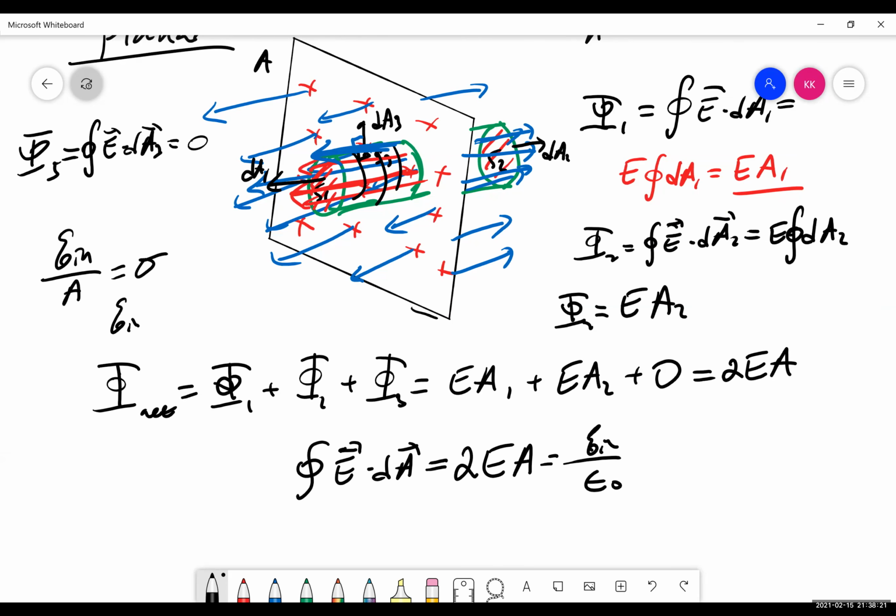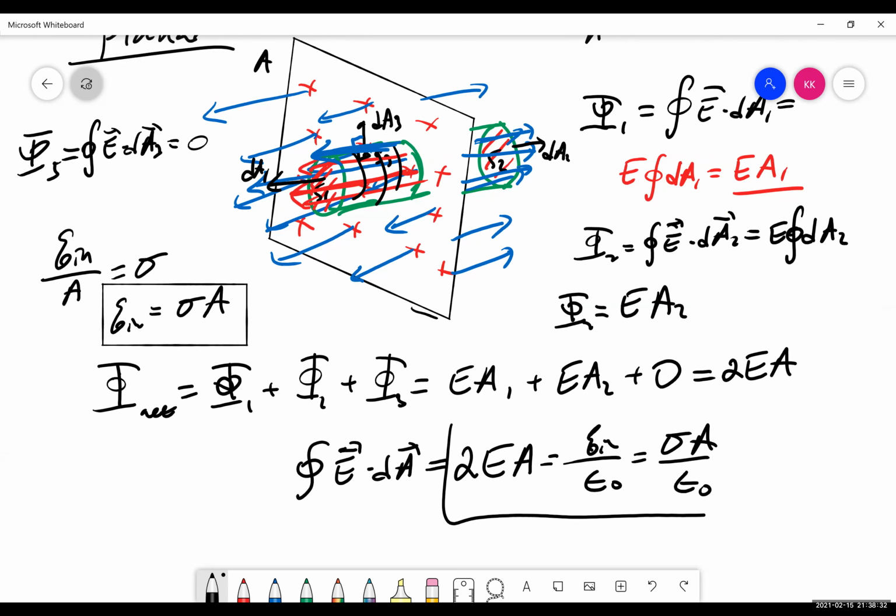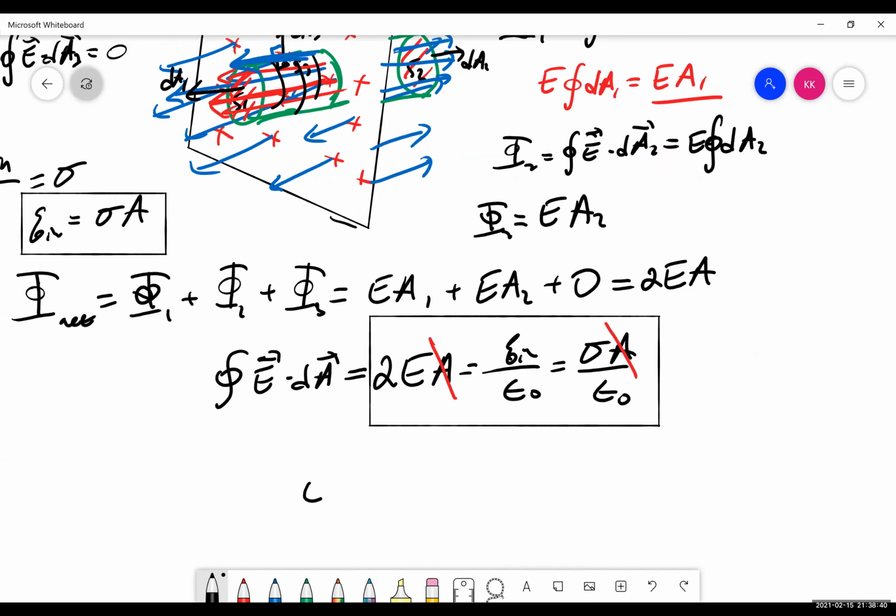That means Q in is sigma times A. So I have 2EA equals sigma A over epsilon naught, and I can cancel the A from both sides. Then what I get here is electric field equals sigma over 2 epsilon naught.